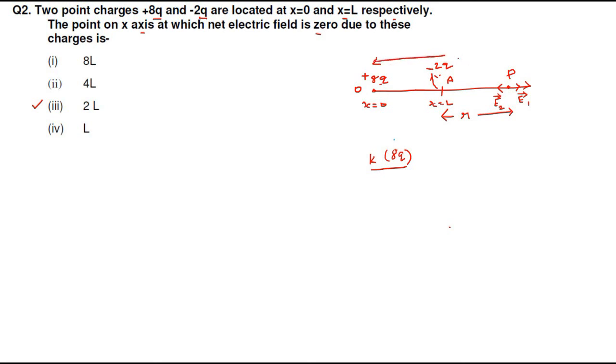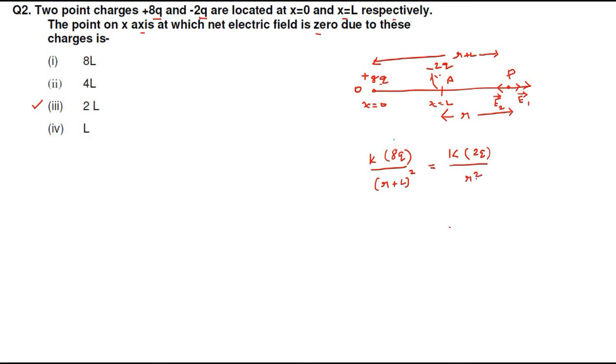Please remember, the distance OP is R plus L, because AP is R and OA is L. So OP squared, R plus L whole squared, comes in the denominator. This is the magnitude of E1, and that should be equal to the magnitude of E2, so K into 2q, I said magnitude so I am not putting minus 2q here, by this distance R squared.